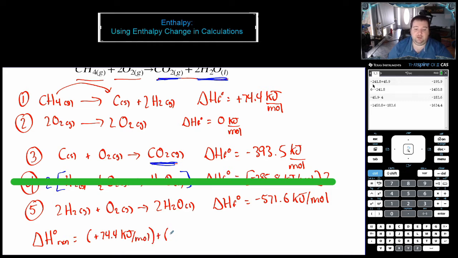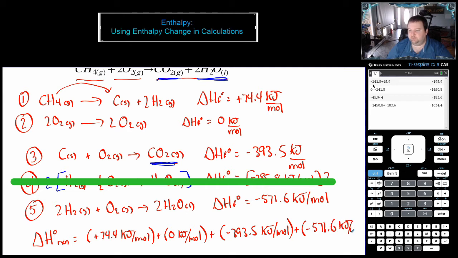I had 0 kilojoules per mole. I had negative 393.5 kilojoules per mole. And I had negative 571.6 kilojoules per mole.